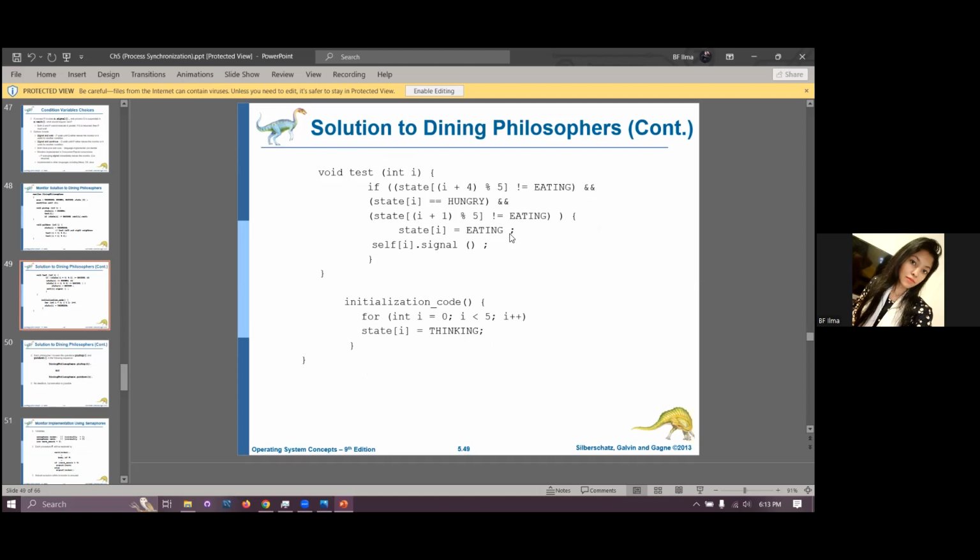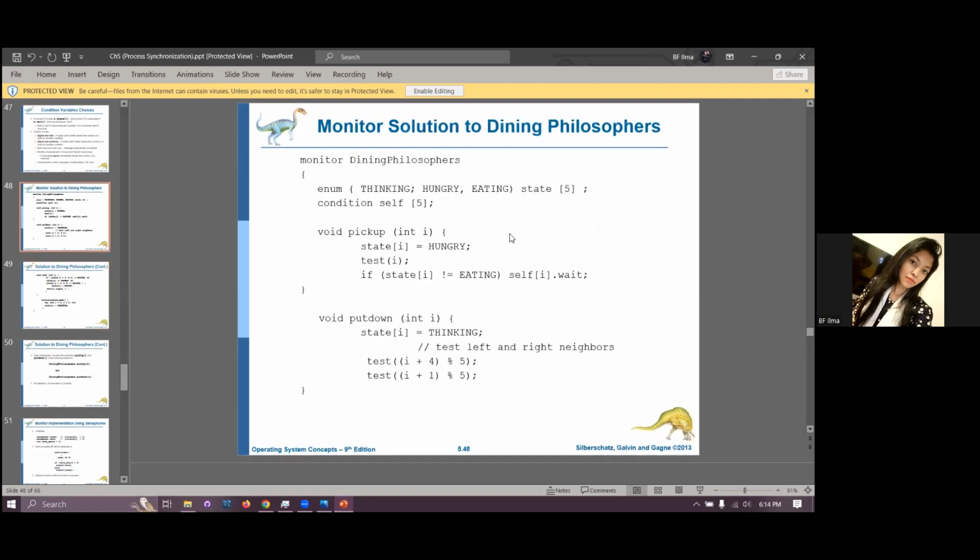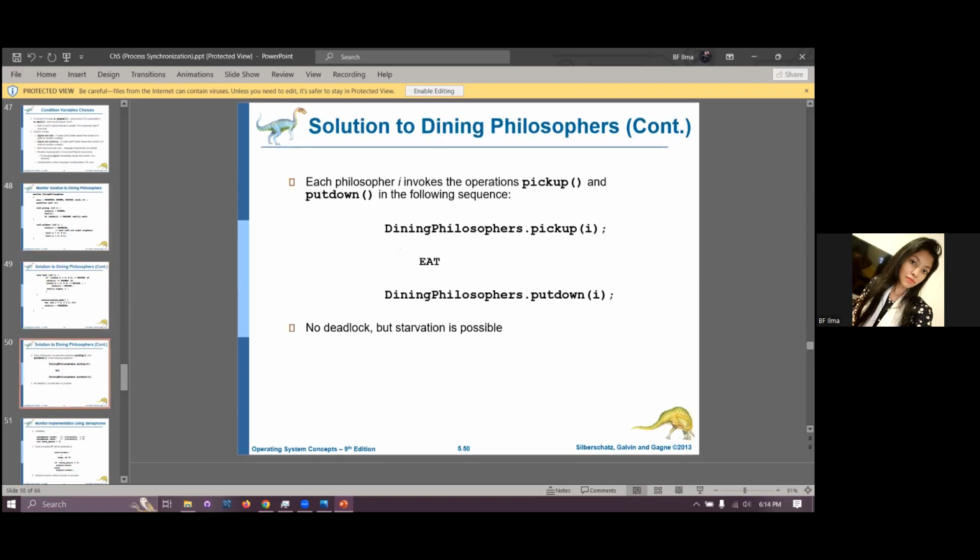This is how the critical section is handled using this. When a philosopher is done eating, it changes the state to thinking, and then we test its neighbors, the right side and left side philosophers.